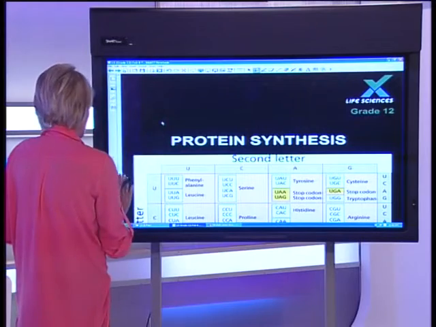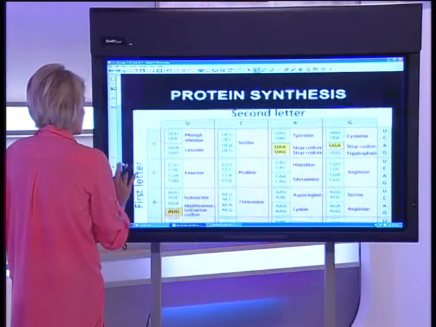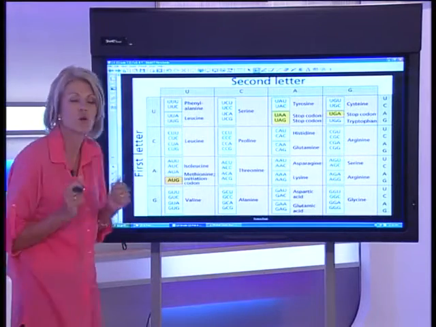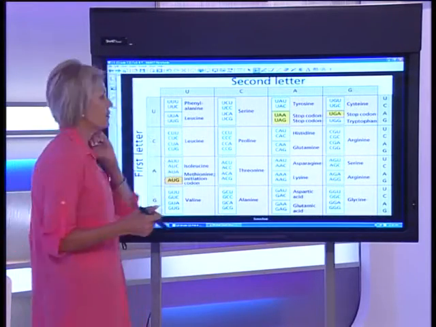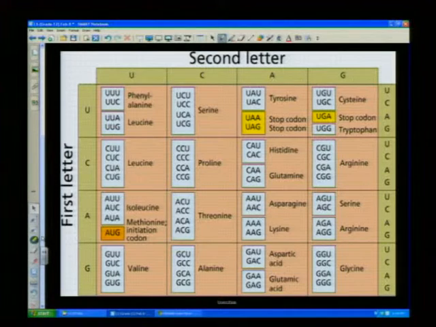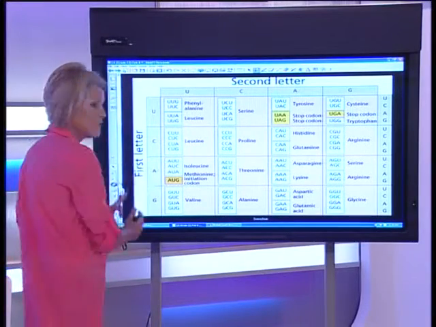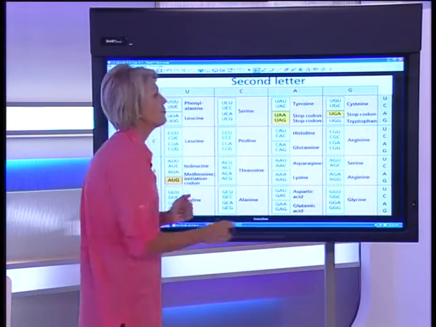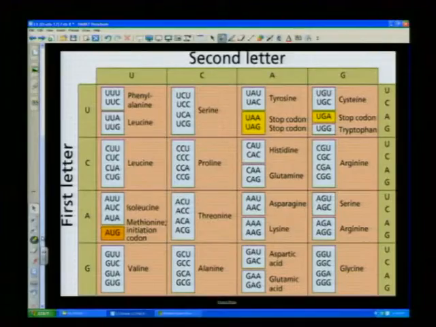Okay, now, I just want to go back here to, okay, watch here. And I don't think many of you will see this. Okay? And this is so clever. It's like coding. What you've got is your first letter of the codon or triplet base, whatever the triplet base is. The three little bases, you've got the first letter of the base, the second letter of the base across the top, and down the side here, you've got the rest, which is your third letter.